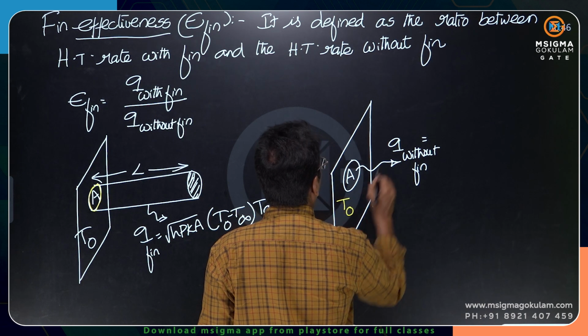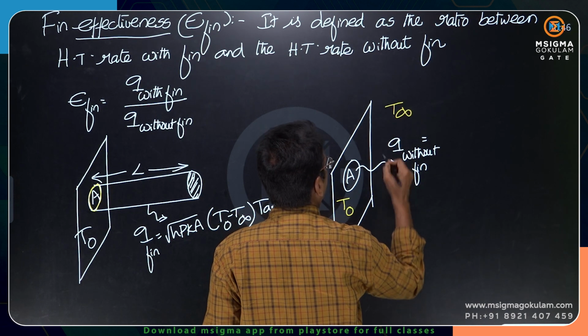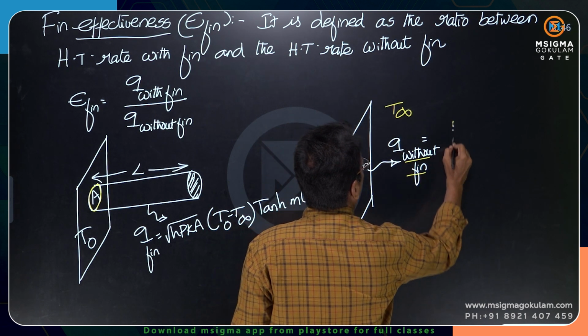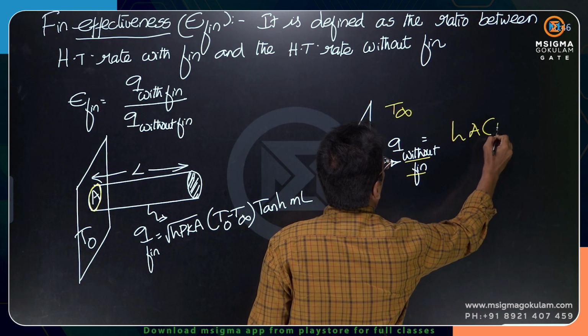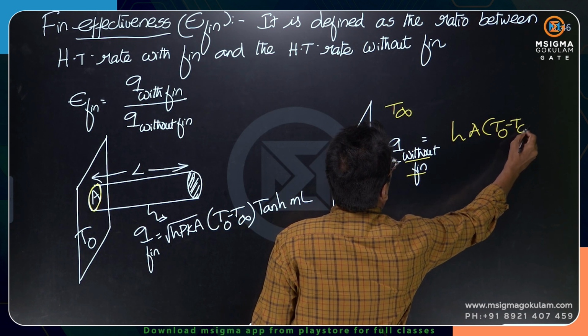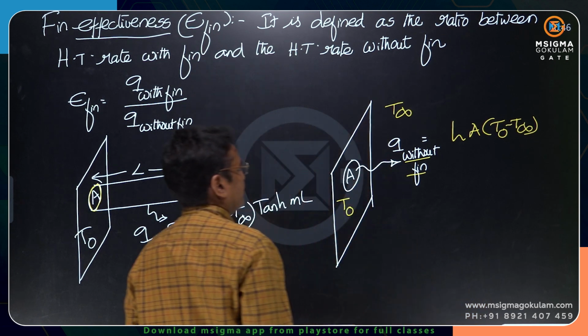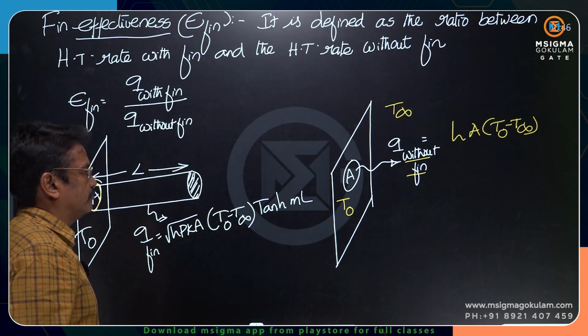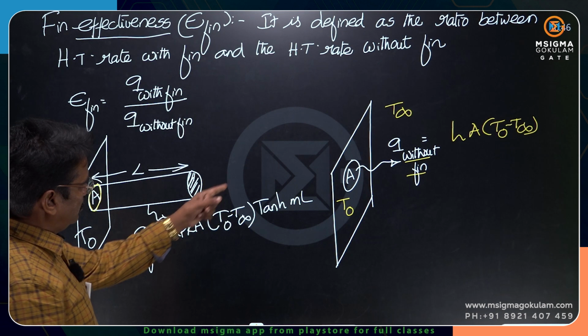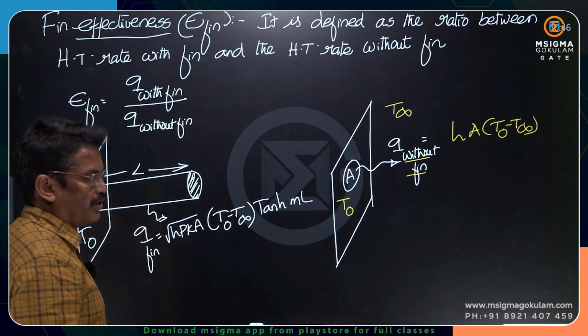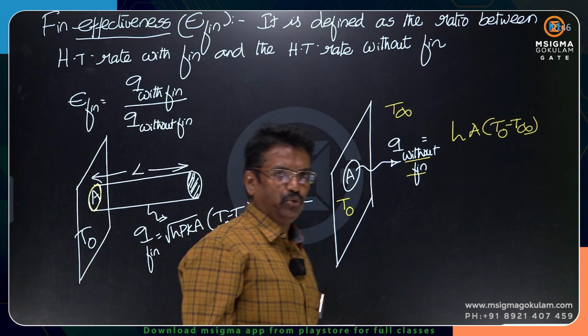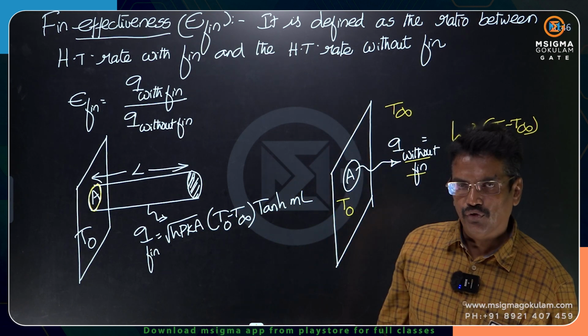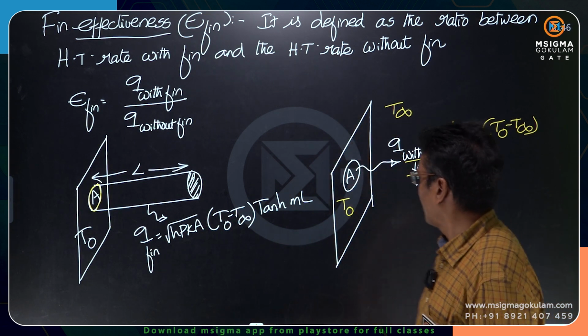If this is T0, if this is T infinity, Q without fin will be hA(T0 minus T infinity). Q without fin, no fin now. The ratio between them is understood as the fin effectiveness, with fin divided by without fin.